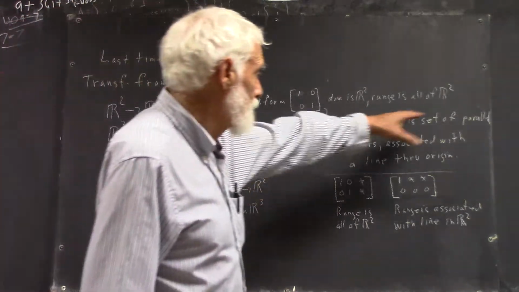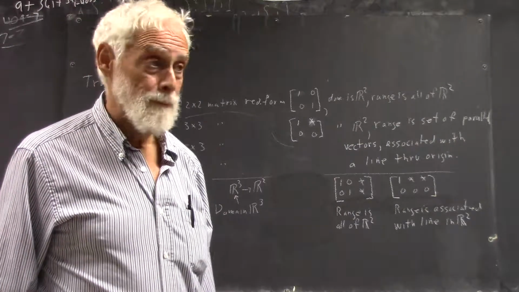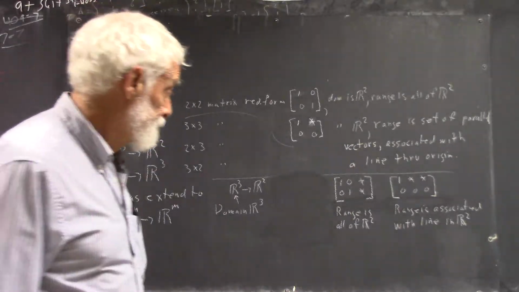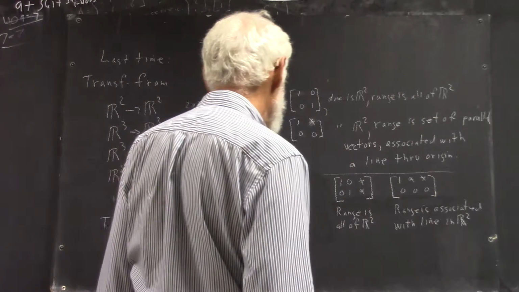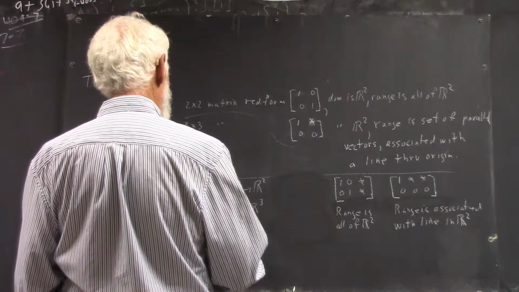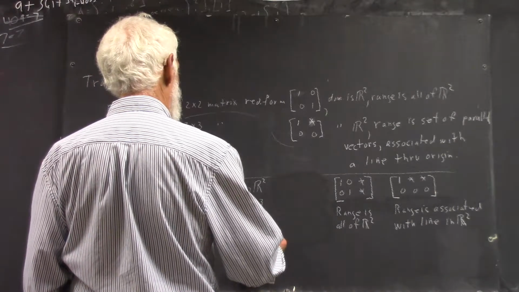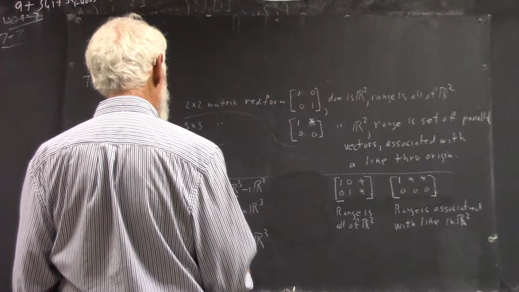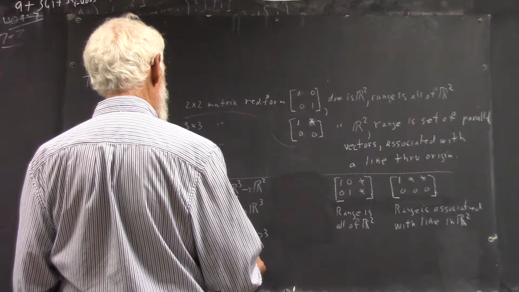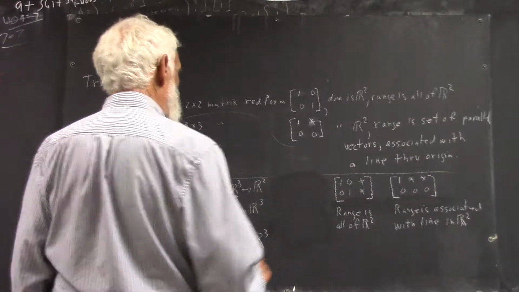And it goes along a set of parallel vectors. Okay? Make sense? Okay? Now there's more to it. But let's look at R2 to R3. The domain is all of R2.